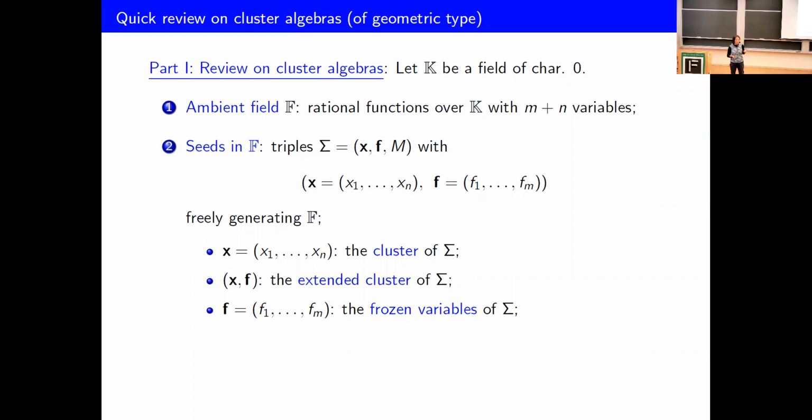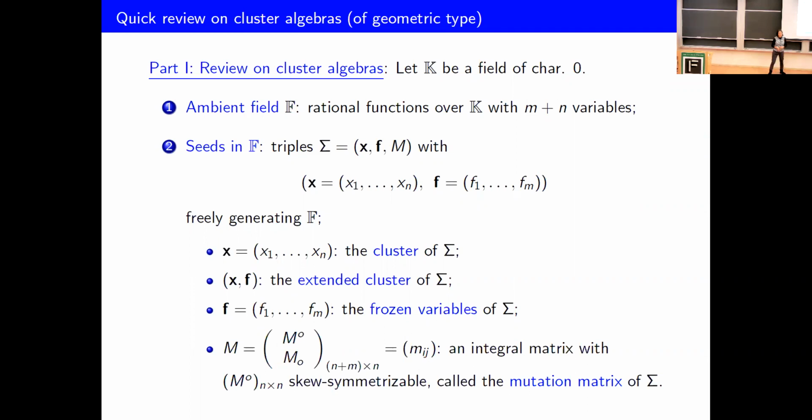M equals 0, and then there's this other part, which is not very natural to us, the so-called mutation matrix. The mutation matrix is a tall matrix. Of course, when m equals 0, as in the example I had before, it's a square matrix. I'll tell you what that square matrix is.